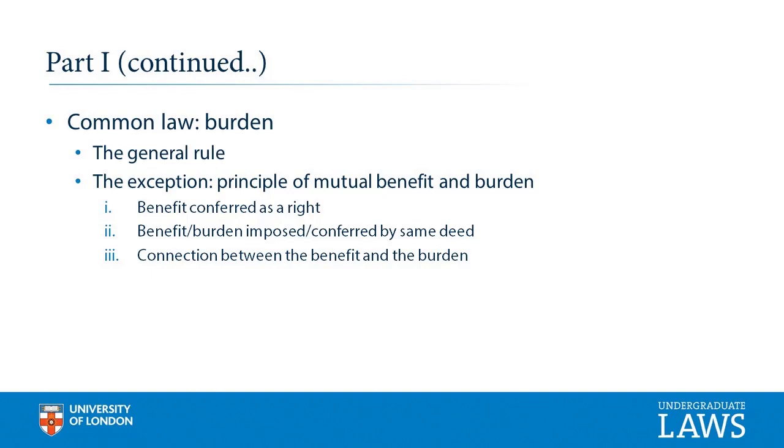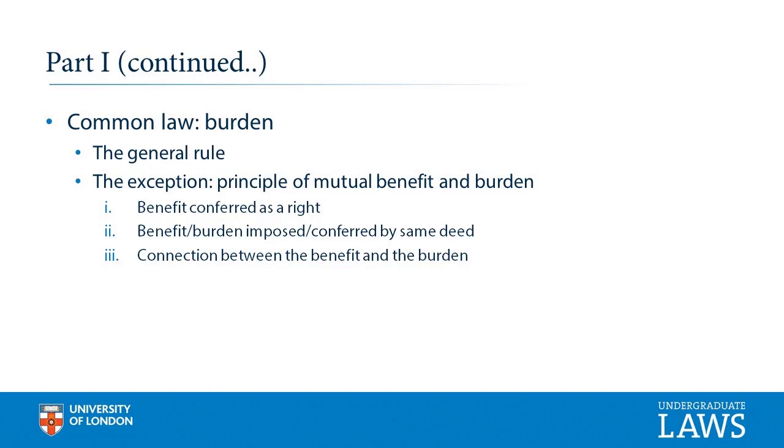Thirdly, there must be a sufficient connection between the benefit and the burden. In the Halsall case, which we considered a few moments ago, the connection was very clear and obvious. You can use the roads if you contribute towards the costs of maintaining those roads.